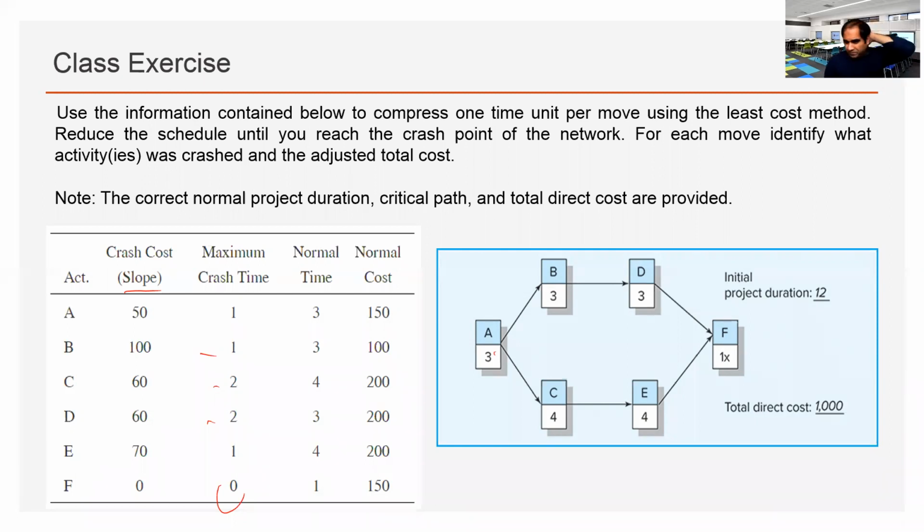Crash C. B is expensive, $100. C is $60. D is also $60. E is 70. Okay.